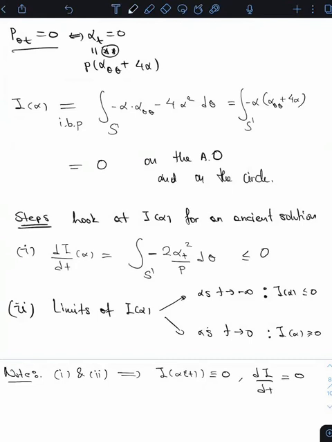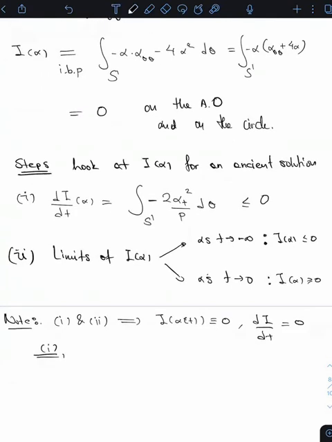But if you look at 1, since the derivative is 0, this implies that alpha_t is equal to 0.